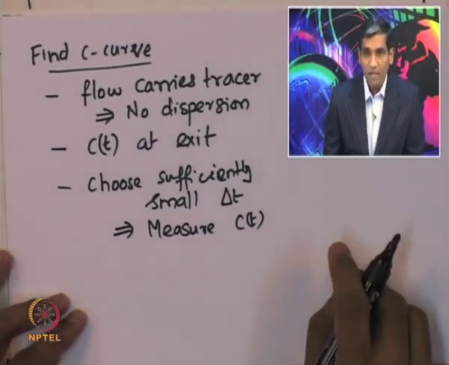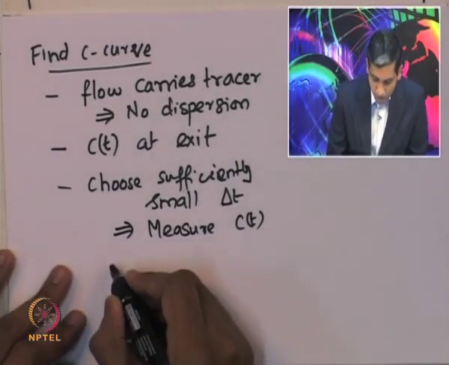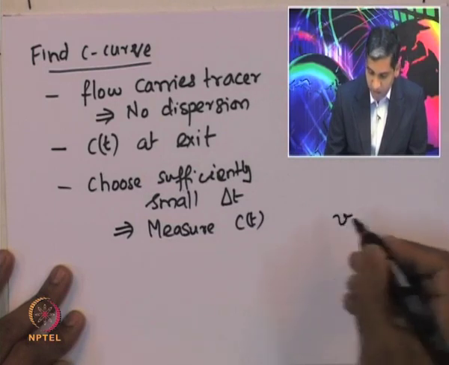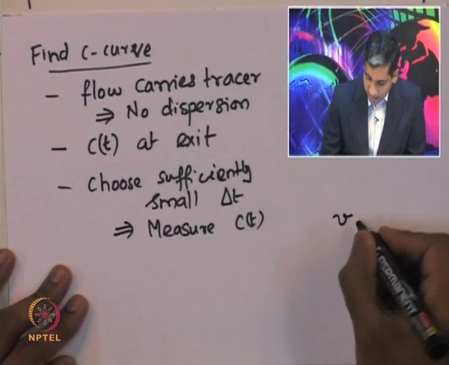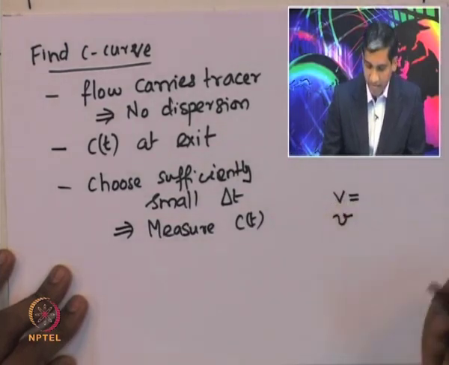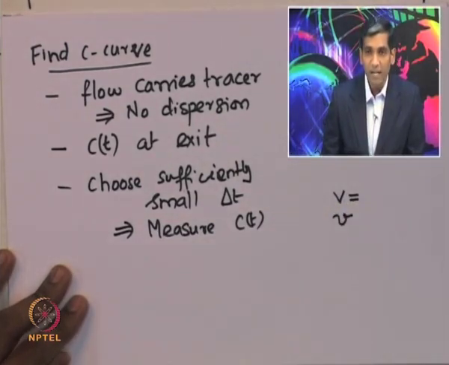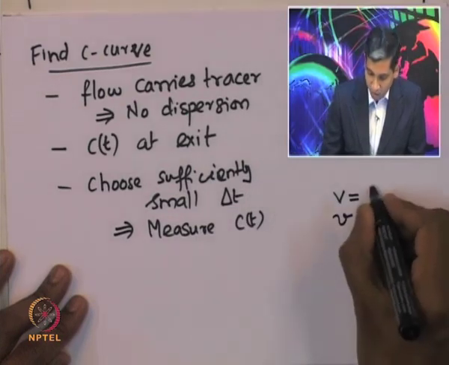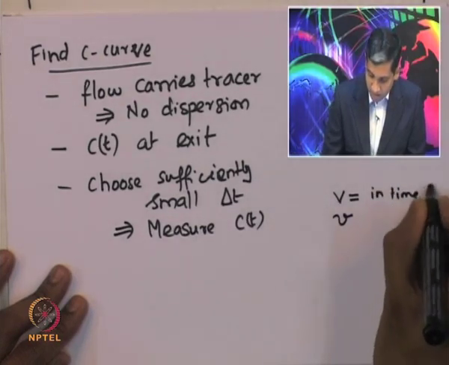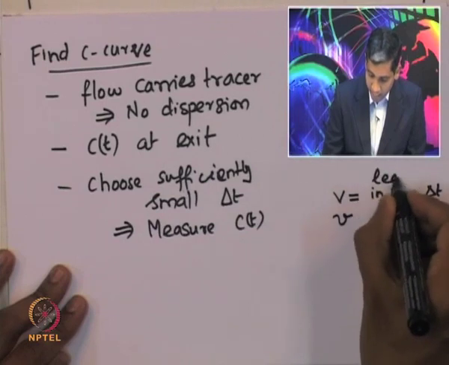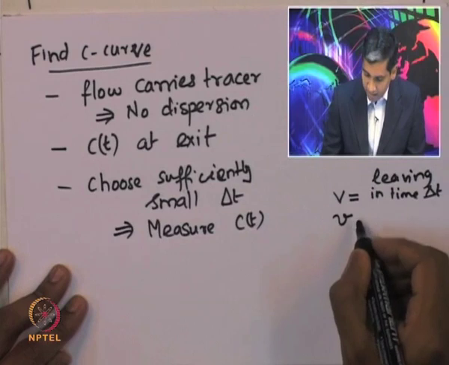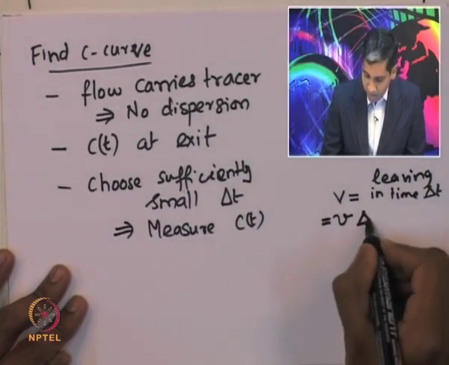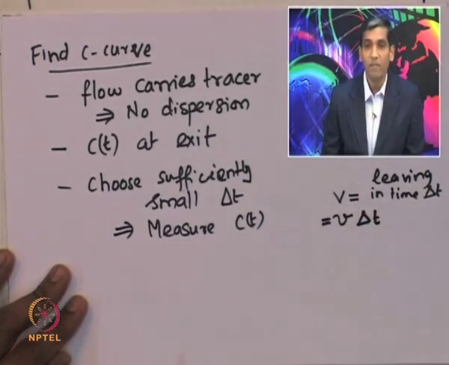Now, once we measure this concentration, suppose V is the volumetric flow rate of the effluent stream. The volume of fluid leaving in time delta t should be equal to the volumetric flow rate of the effluent stream multiplied by the corresponding delta t.